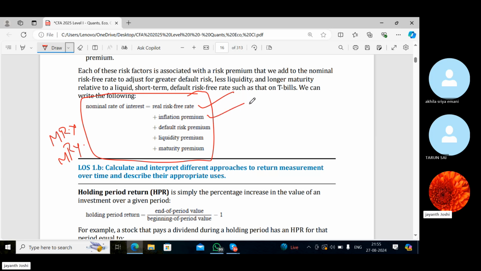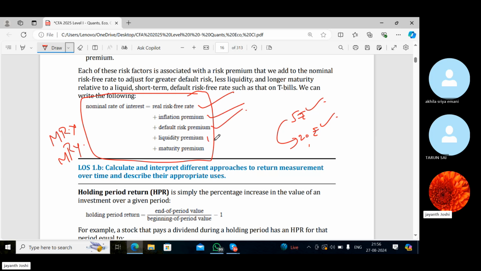Because of the inflation, the purchasing power of the currency is going to get impacted. You see, 10 years back, if I take my college days, 5 rupees I used to pay for a Pepsi bottle. Now I have to pay 20 rupees for a small Pepsi bottle. So the purchasing power has gone down. I have already explained this concept while I was dealing with time value of money.